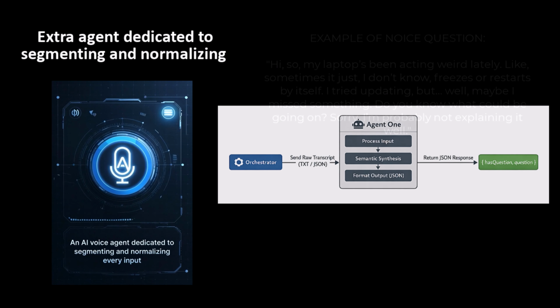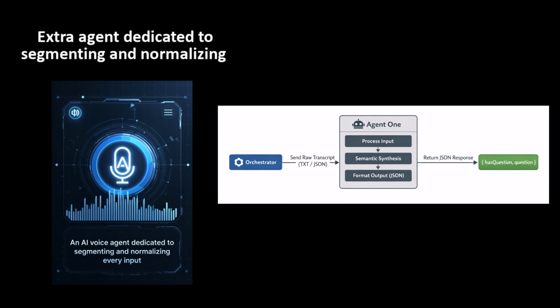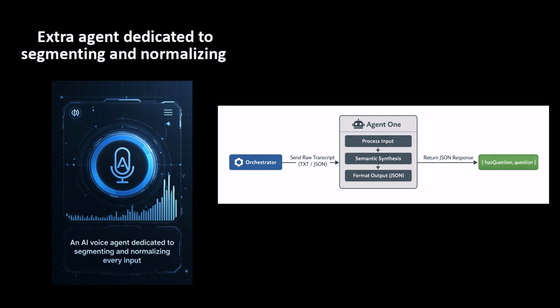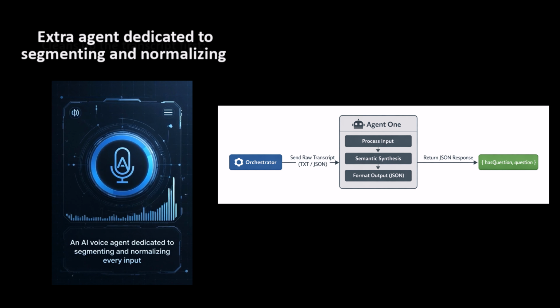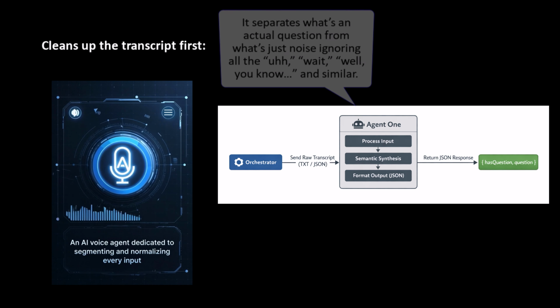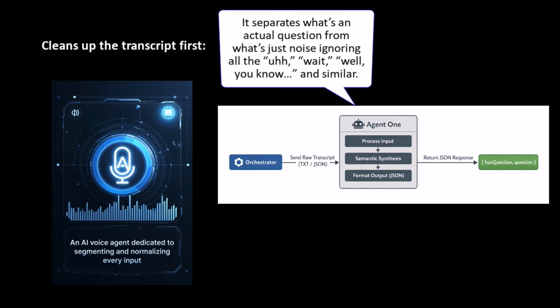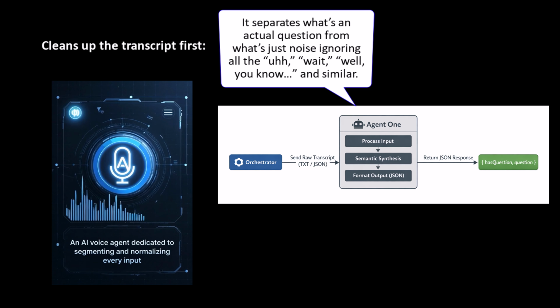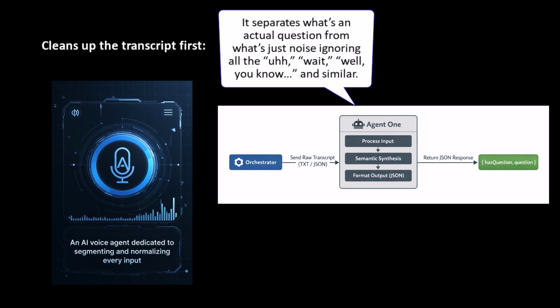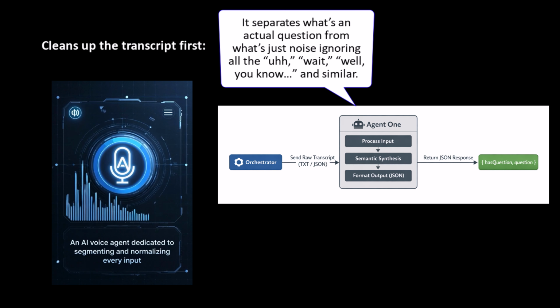I addressed this by introducing an extra agent dedicated to segmenting and normalizing every input before it's sent further down the pipeline. Specifically, this agent cleans up the transcript first. It separates what's an actual question from what's just noise, ignoring all the wait, well, you know, and similar.